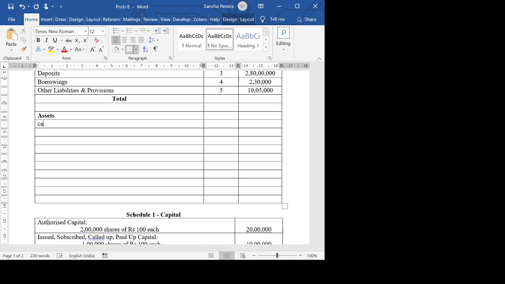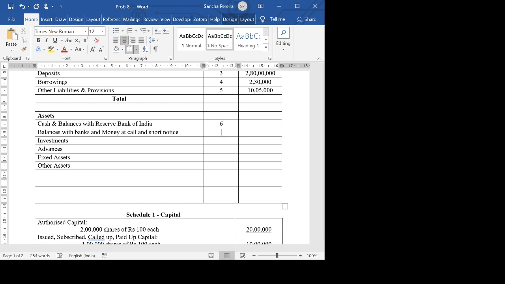Assets, we have cash and balances with Reserve Bank of India. Then you have balances with banks and money at call and short notice. This is payable within 15 days, so it's called money at call and short notice. Then we have investments, advances, fixed assets, other assets.